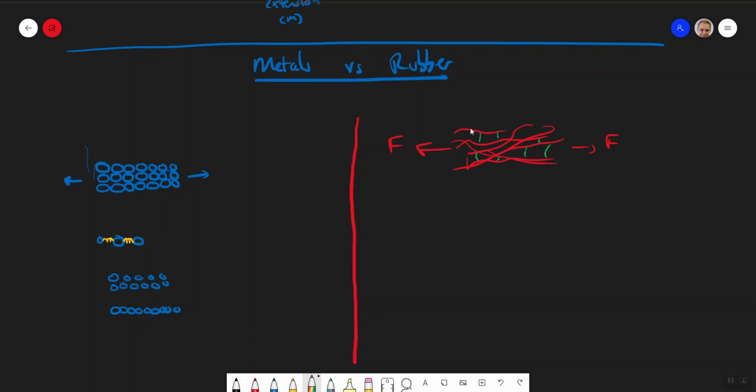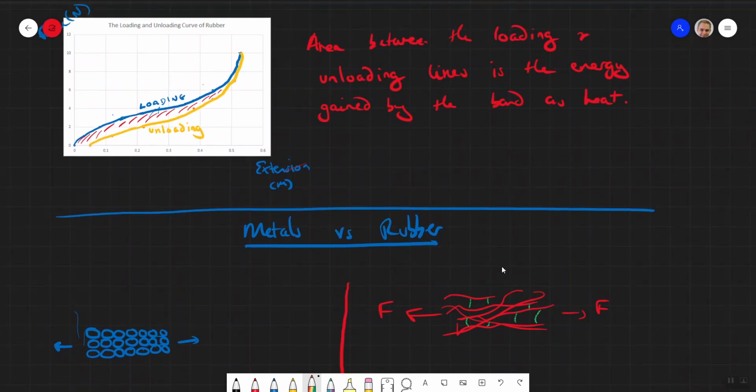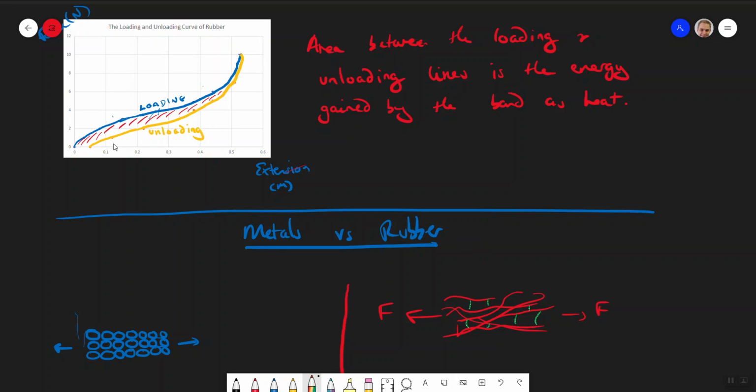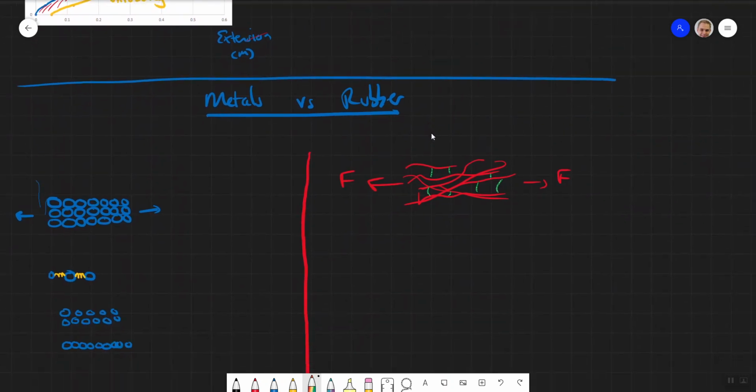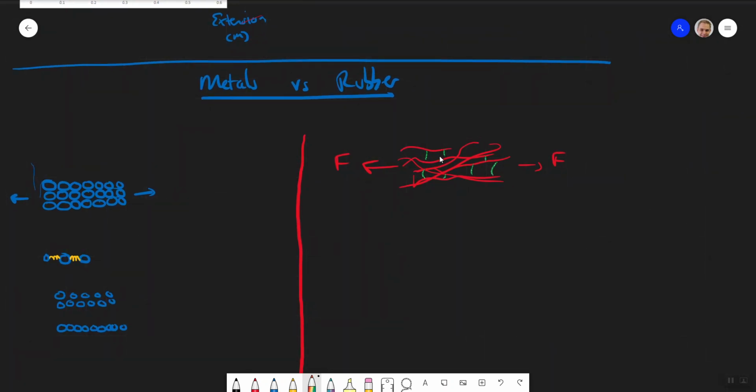And if we look at the shape of our curve, at the start there's a bit of resistance, and then the fact that it curves out suddenly means that it becomes very easy to stretch the rubber band. What is happening there is that these little bonds are being broken, and we apply a bit of force, and our little strips are able to become more straight.